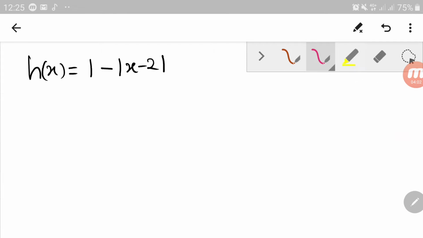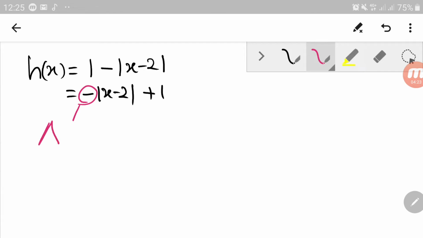Maybe it's better if we rearrange it, and put the absolute value at the front, and then the number plus 1 there. Now what is the shape of the absolute value?